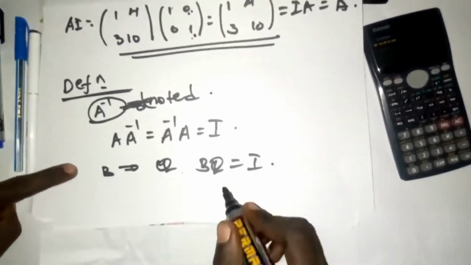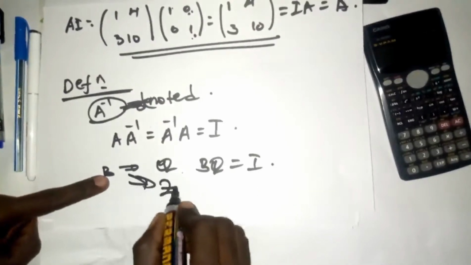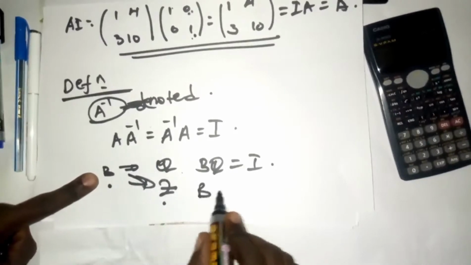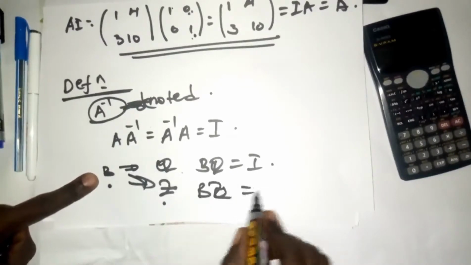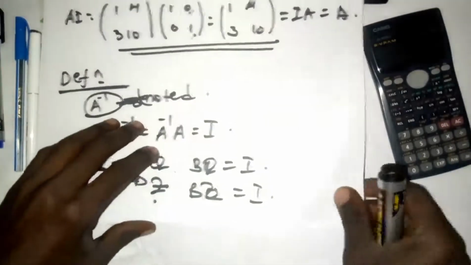If I have a matrix Z as the inverse of B, it implies that if I multiply B by Z, I should get an identity matrix. So the inverse of any matrix is that matrix which, when multiplied by the matrix at hand, gives you an identity matrix. Hope that is very clear for all of you.